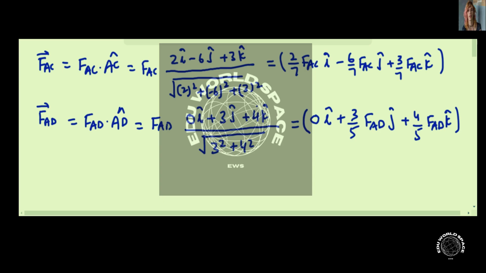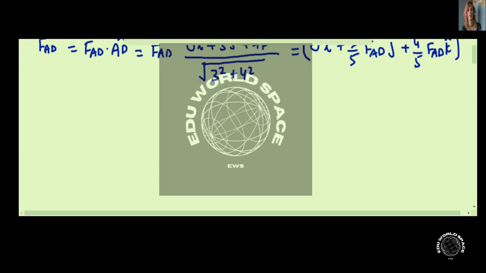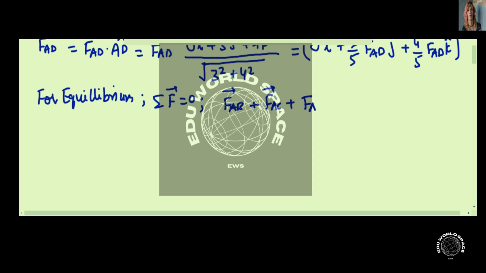Now we have to apply the condition of equilibrium. For equilibrium, the summation of all the forces, that is summation of F, must be 0, that is the vector addition of AB force plus AC force plus AD force and weight of the carrot must be 0.